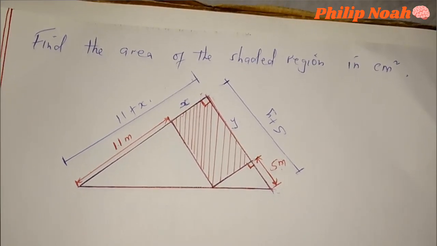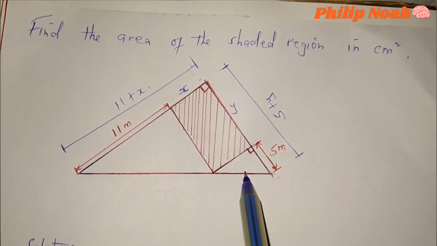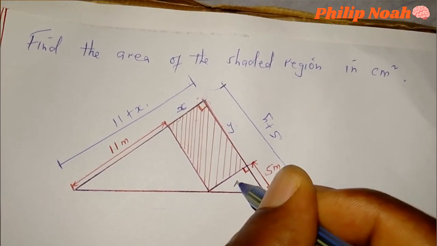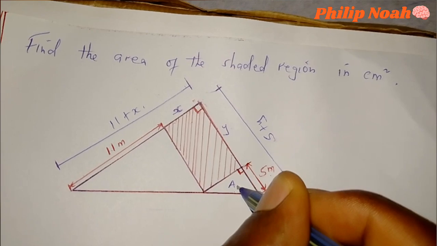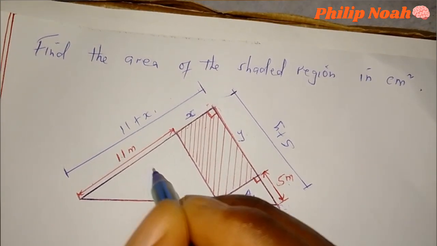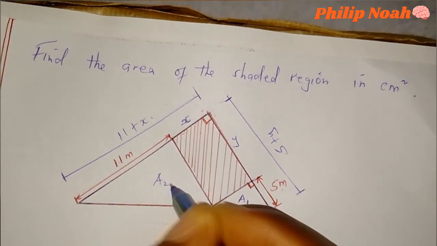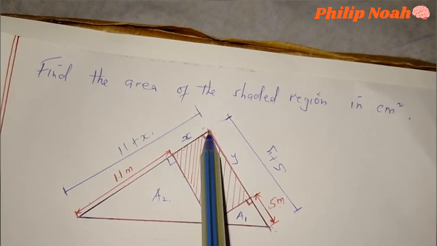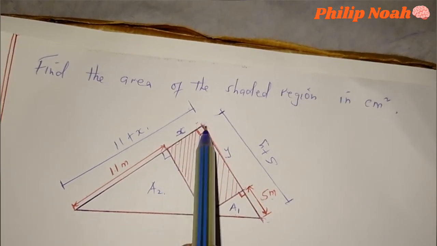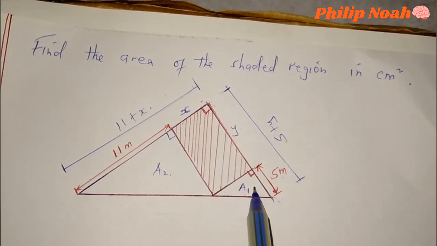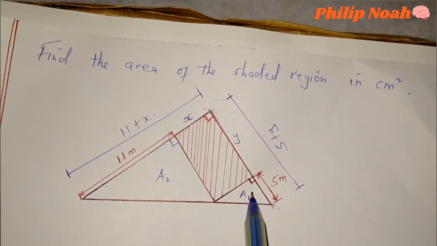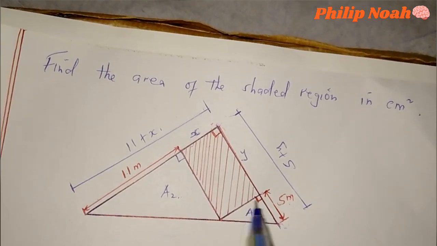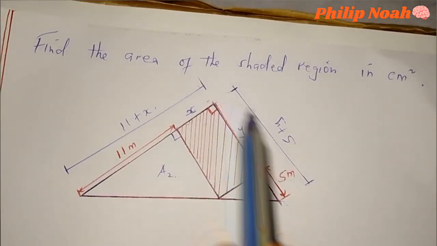Then we subtract the area of this unshaded region, we can call it A1, and then this is A2. Remember, this is also a right angle triangle. So we take the sum of A1 and A2, then we subtract it from the area of the whole triangle.